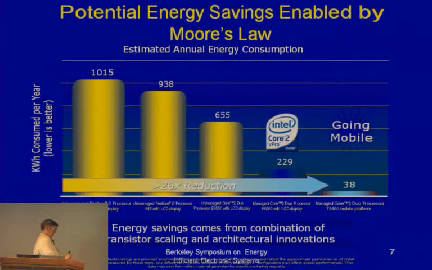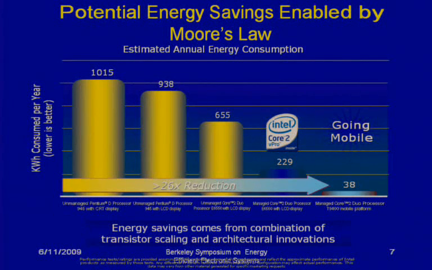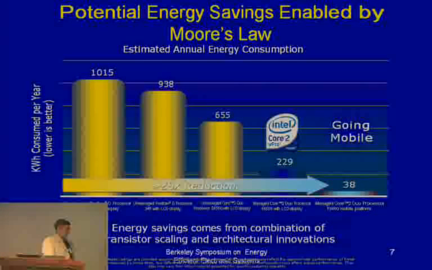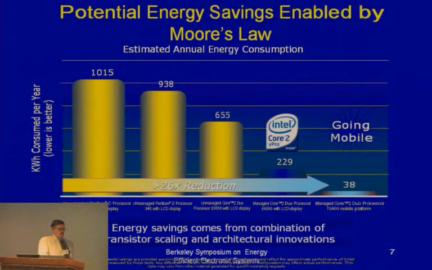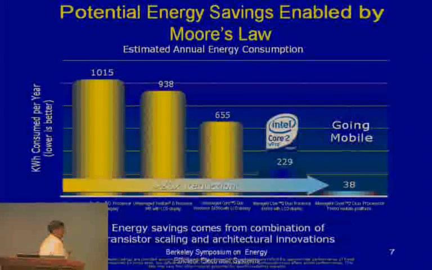If you go to an LCD display, this comes down. But then if you start going to some of the more advanced power management technologies, like the new Pentium Core Duo, which has a managed supply. In other words, the voltage is changed with the different blocks to allow optimal power performance for a given application.